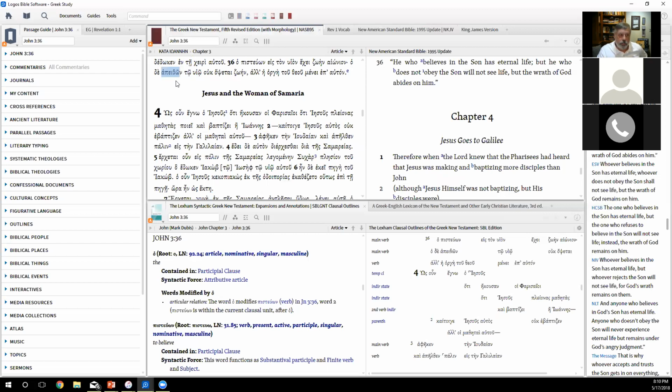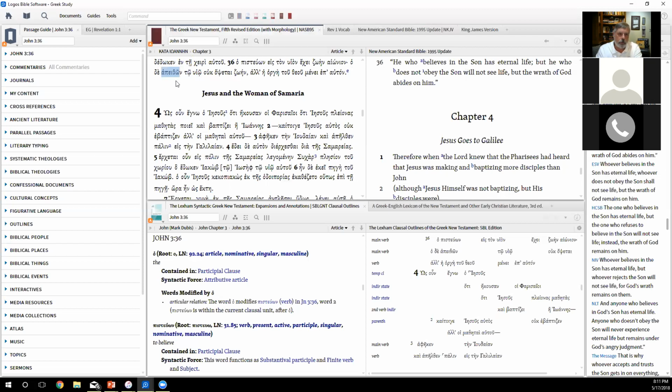But it's not the best translation, because the actual translation is that he that believeth in the Son has eternal life, but he that does not obey the Son will not see life, but the wrath of God abides on him. There's a big difference between belief and disobedience. It shows you there's a contrast between belief and obedience. There's a relationship between obedience and belief.